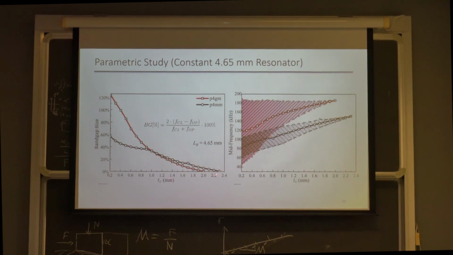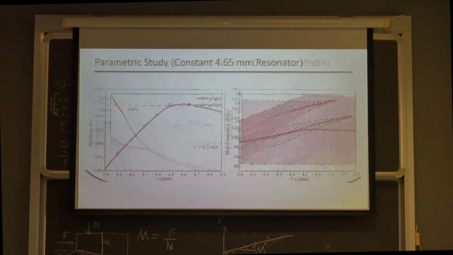Interestingly, at the beginning it does not make much difference between the classic phononic crystal and P4GM, but then at some point they diverge significantly, and P4GM definitely beats the classic phononic crystal. In the second picture, you can see the mid frequency and the band gap width, again as a function of the connector width, and the difference is obvious, right?